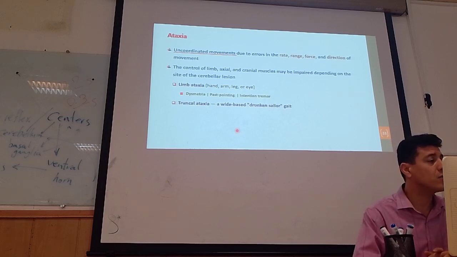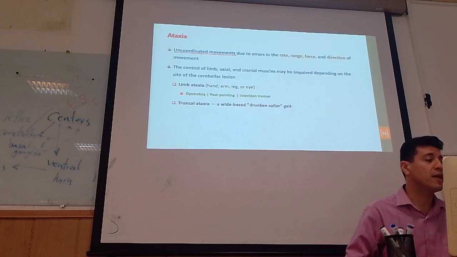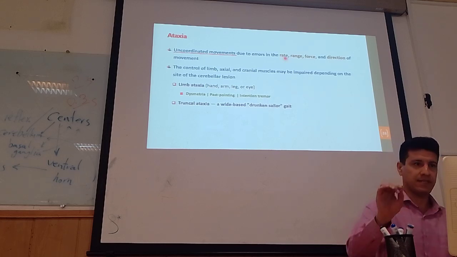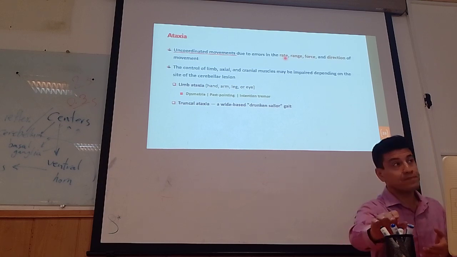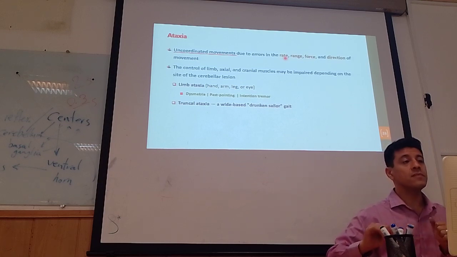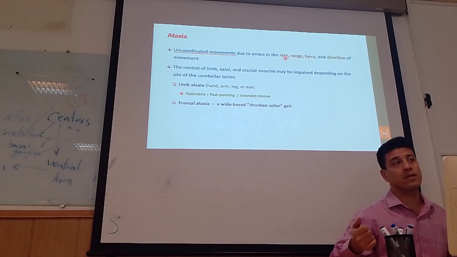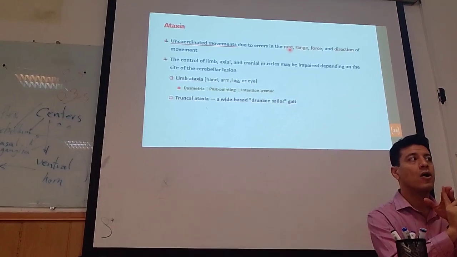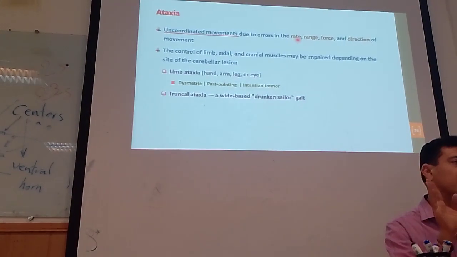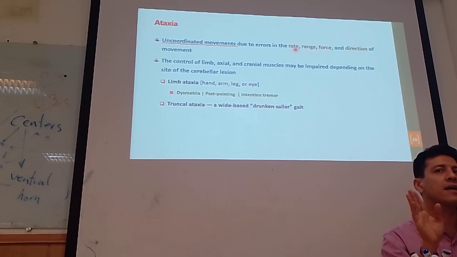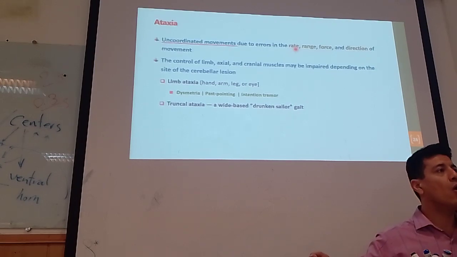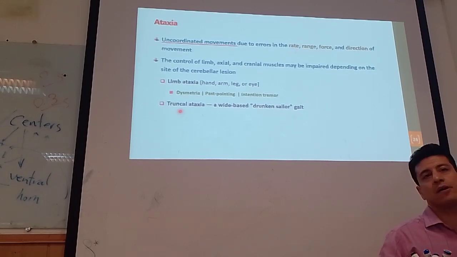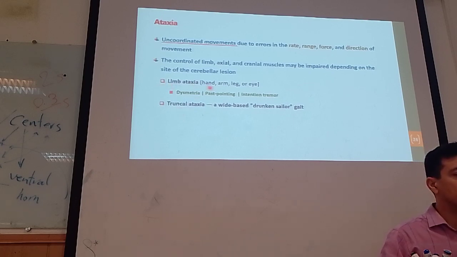Ataxia is an uncoordinated movement due to errors in rate, speed, range, force, and direction. So if the direction, force, range, and rate are uncoordinated, we call this condition ataxia. Ataxia can happen in limbs or in truncal muscles. So we will have limb ataxia, which happens in the hand, arm, legs, or eyes.